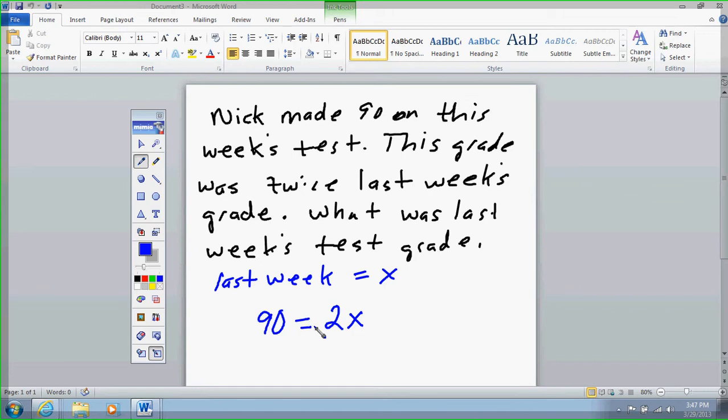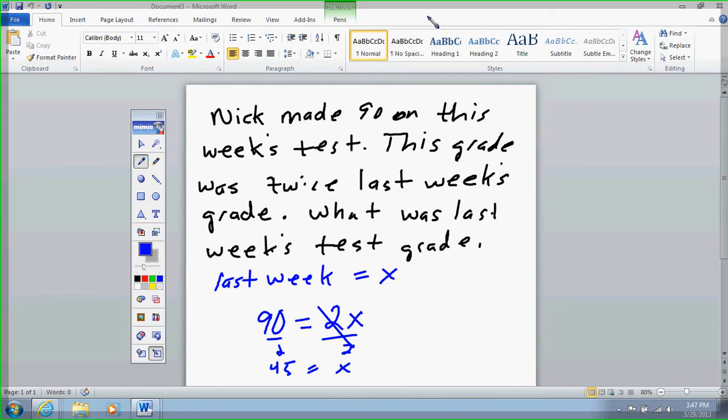So I use that keyword is there for my equal sign. 90 is twice last week's test. Divide by 2, and I get X equals 45. She didn't do too good, or he didn't do too good last week. Made a 45. Continuing on.